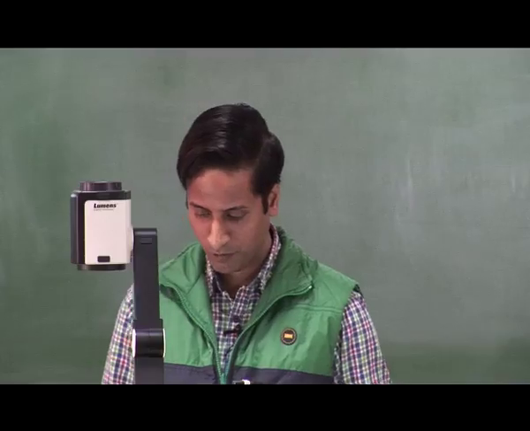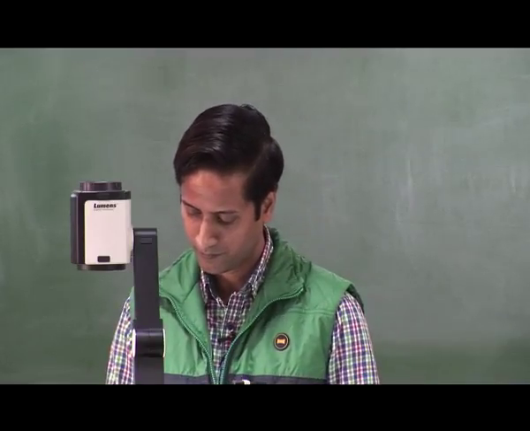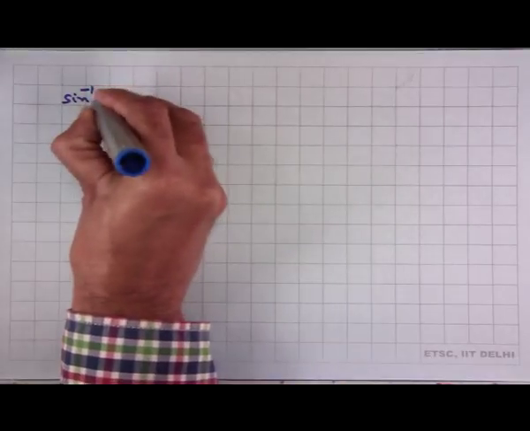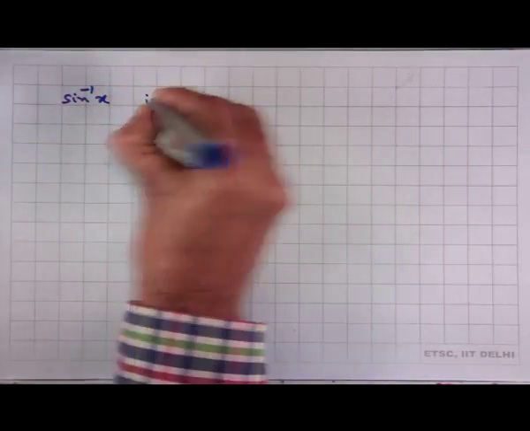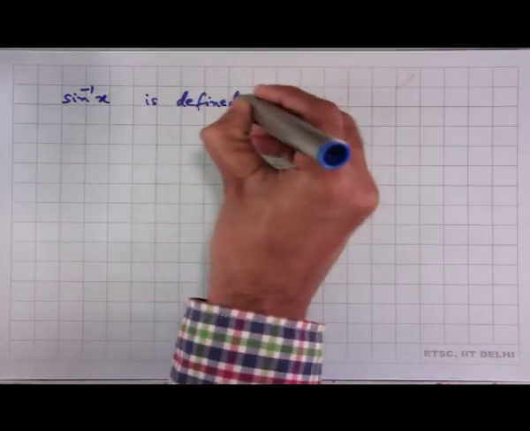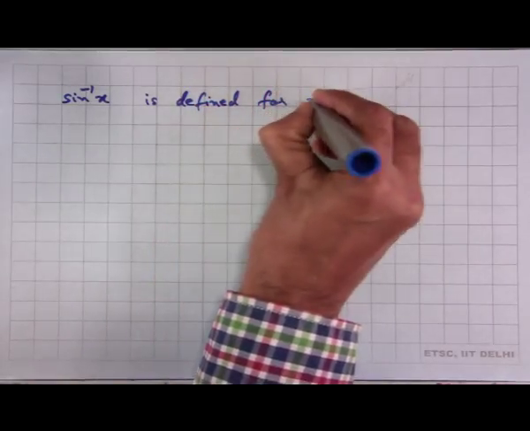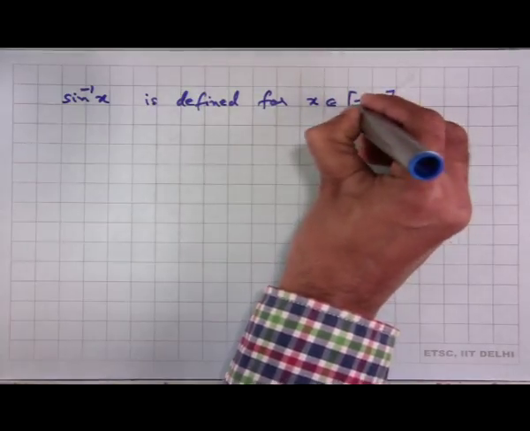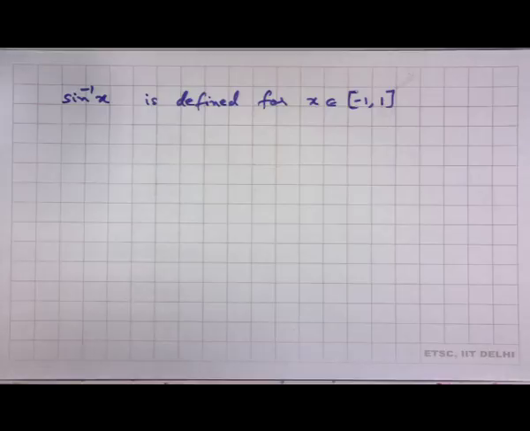Now, what do we know about sine inverse x? This is defined for x between minus 1 and 1, right, because sine of x range is between minus 1 and 1.